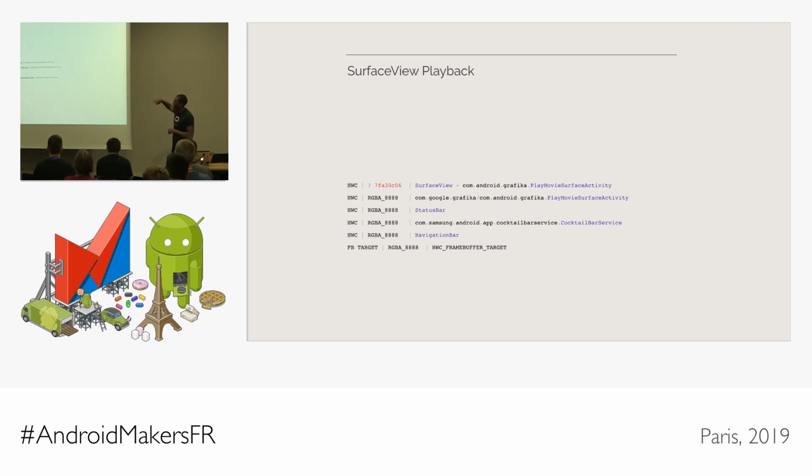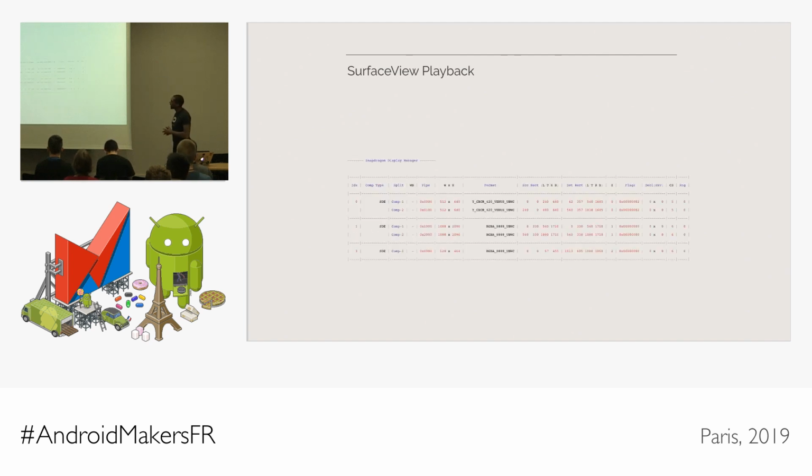So we have both the app window and the video surface shown in the hardware compositor. These are the things that are going to be scanned out and then rendered onto the display. HWC is just hardware composition, so it means it's not doing OpenGL ES composition. It's just going to use a straight up hardware layer. And these devices have a fixed amount of hardware layers that you can actually use to render this.